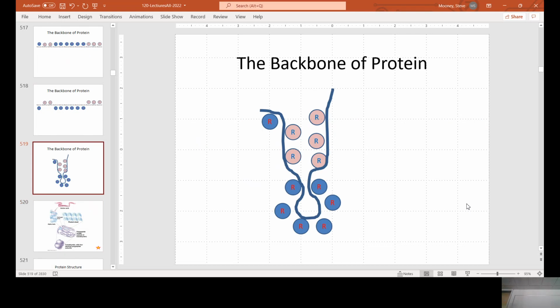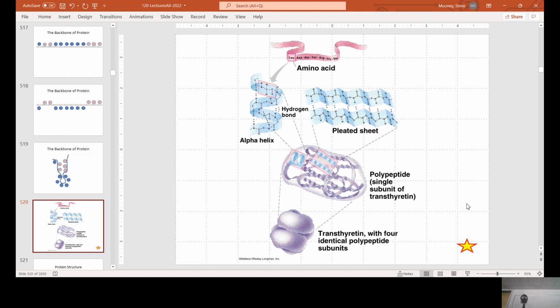Eventually we get a collection of R groups that are all huddled together trying to exclude water. And the blue R groups, the amino acids that like water, tend to be forced to the outside, tend to cover the shape of that protein. It's the interaction with water that determines what the final shape of any given protein is.